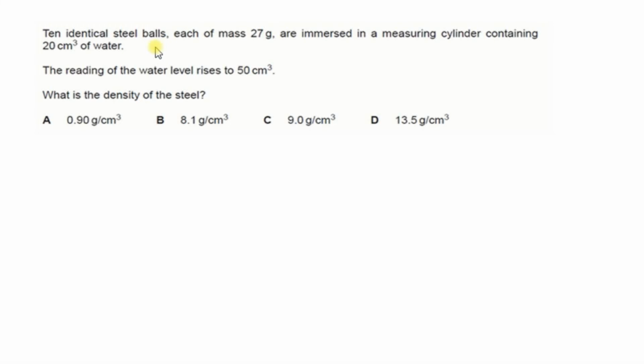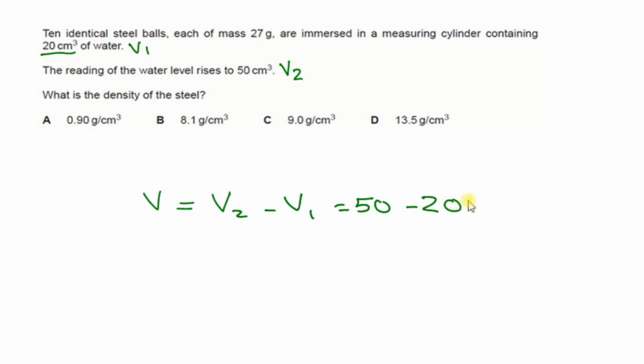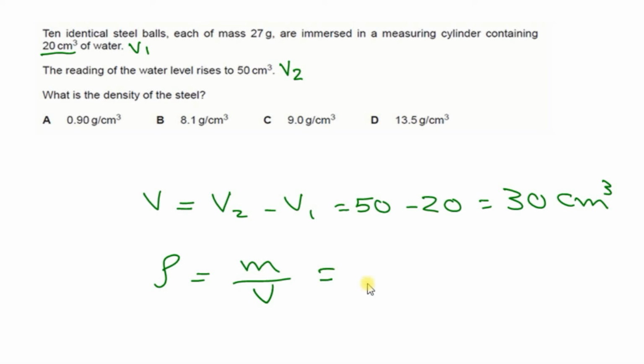10 identical steel balls, each of mass 27 grams, are immersed in a measuring cylinder containing 20 cubic centimeters of water. This is V1. The reading of the water level rises to 50 cubic centimeters. This is V2. So the volume of the steel balls is equal to V2 minus V1, which equals 50 minus 20, equals 30 cubic centimeters. Now, density equals mass divided by volume.